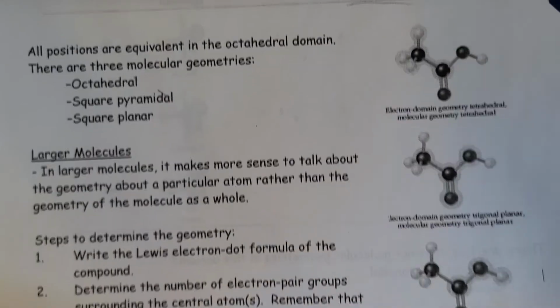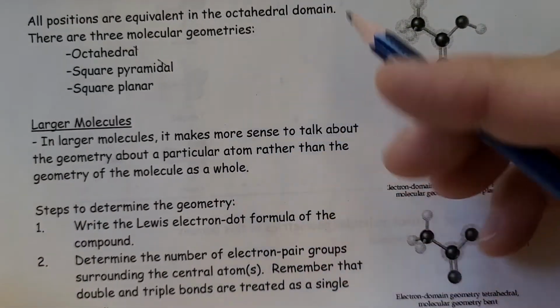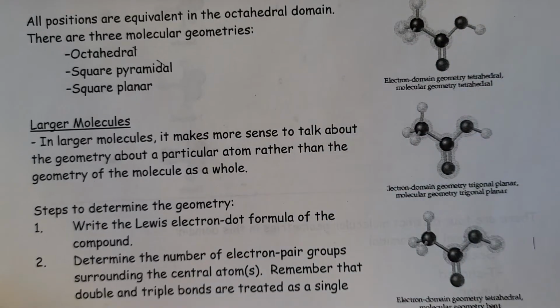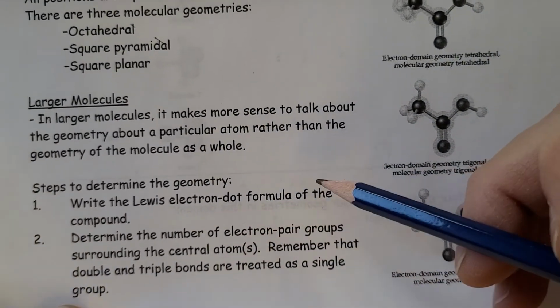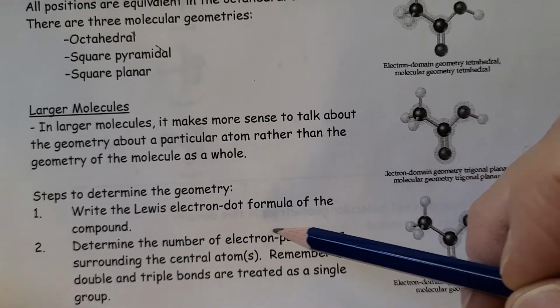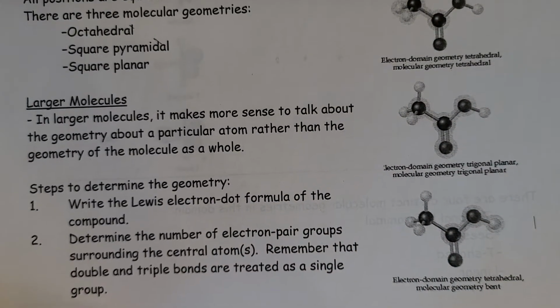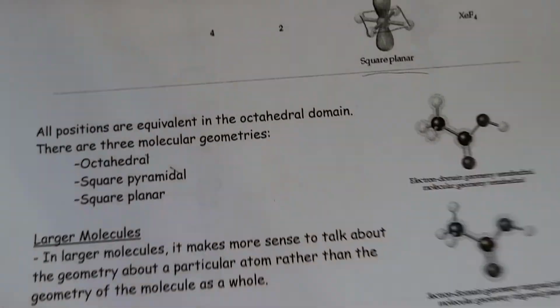All right. If we're looking at larger molecules than that, it makes more sense to talk about the geometry about a particular atom rather than as a whole, because molecules can get quite big. So steps to determine geometry: write the Lewis dot structure for the compound, determine the number of electron pairs surrounding the atoms. Remember that double and triple bonds act as a single group or a single domain.